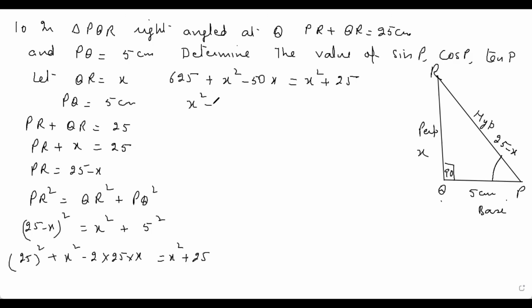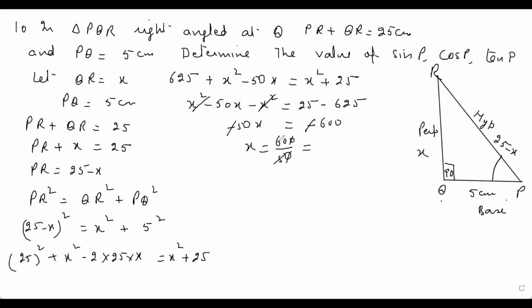Now this is equal to 625 plus X square minus 50X is equal to X square plus 25. X square minus 50X minus X square is equal to 25 minus 625. Now this is minus 50X is equal to minus 600. Minus minus cancelled. So I have X is equal to 600 by 50.